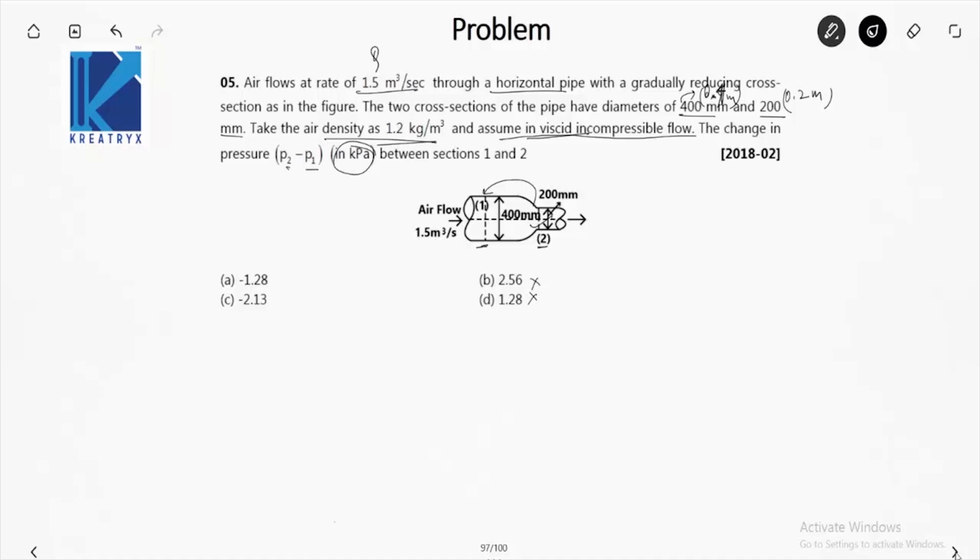So if after calculation you get your answer as a negative value, that means you have done it correctly. Obviously I'm taking into account that you are not committing any calculation mistake.